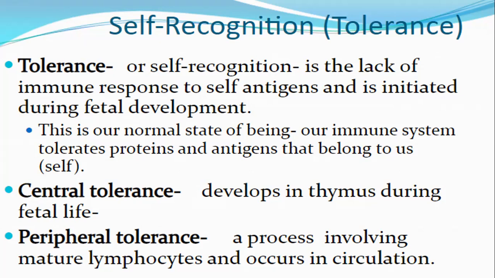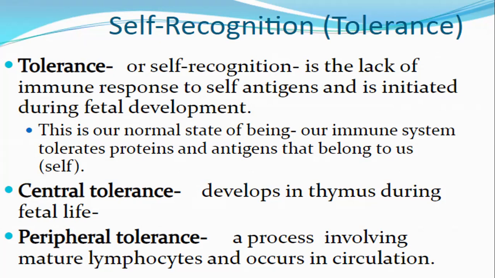Now we have two types of tolerance: central and peripheral tolerance. Central tolerance develops in the thymus during fetal life. This is responsible for fetal immunity, whereas peripheral tolerance is a process involving mature lymphocytes and occurs in the circulation.